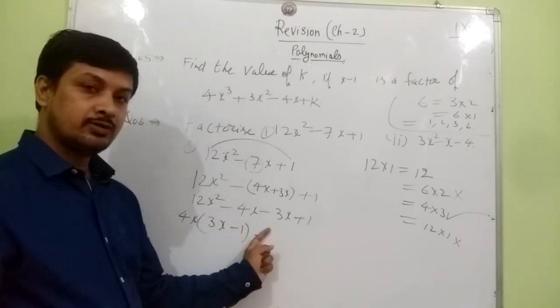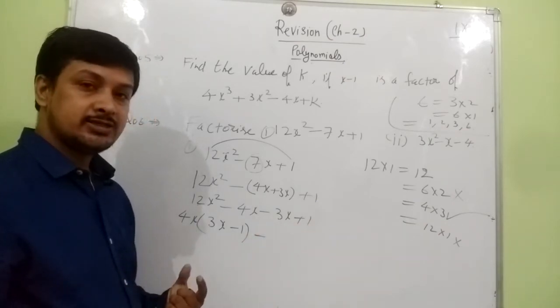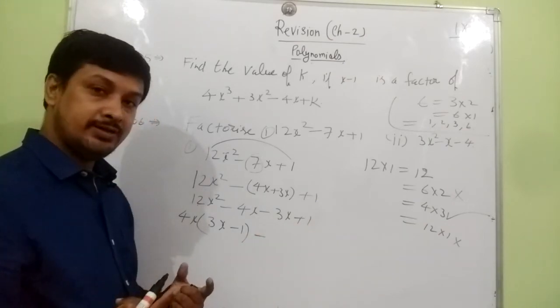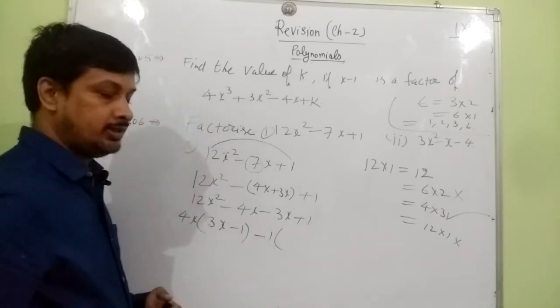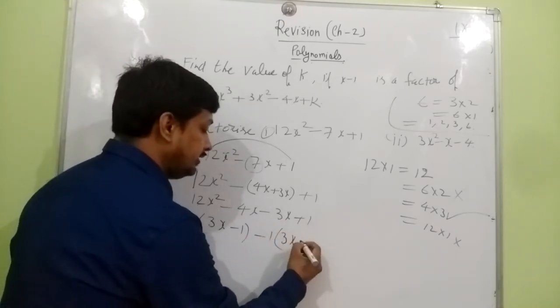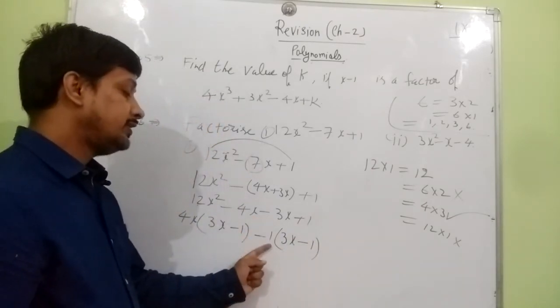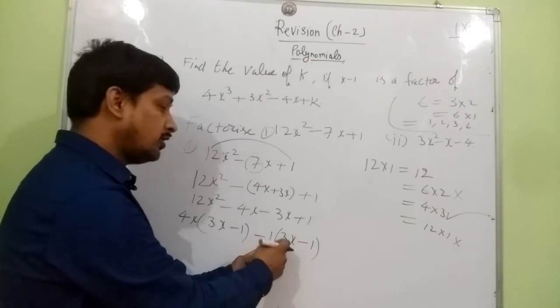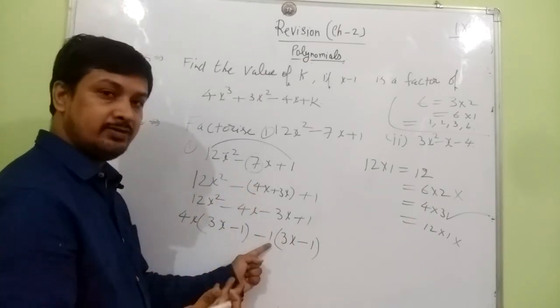Now there are no other factors which can be taken as common, but 1 is the number which is a factor of every number, so we can take 1 as common. Within the bracket we will put a negative sign, because whenever we put the bracket or remove the bracket, the sign inside will always be changed.